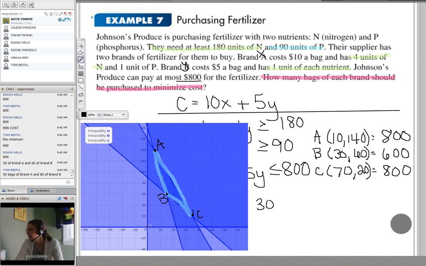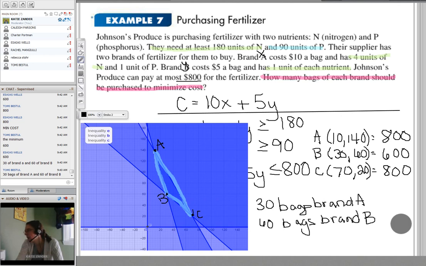So 30 bags brand A and 60 bags of brand B. Good. And then the minimum cost, it doesn't ask us this, but the minimum cost would be our 600. Okay. Any questions with that story problem there?